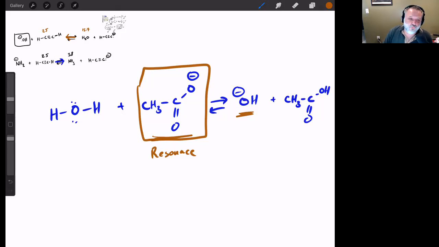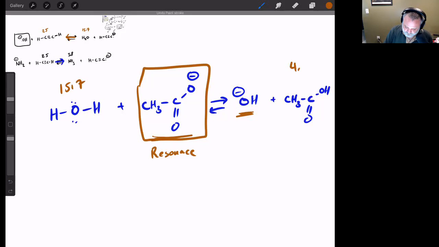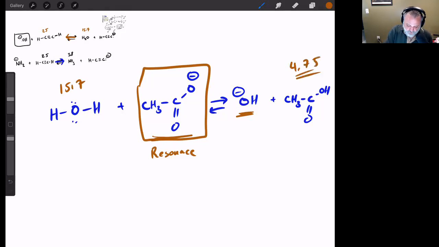And you can check your work by going back to the pKa's, 15.7 and 4.75. Water is clearly the weaker acid, and so the equilibrium favors the side of the reaction that has the weaker acid. And so water wouldn't be sufficient.